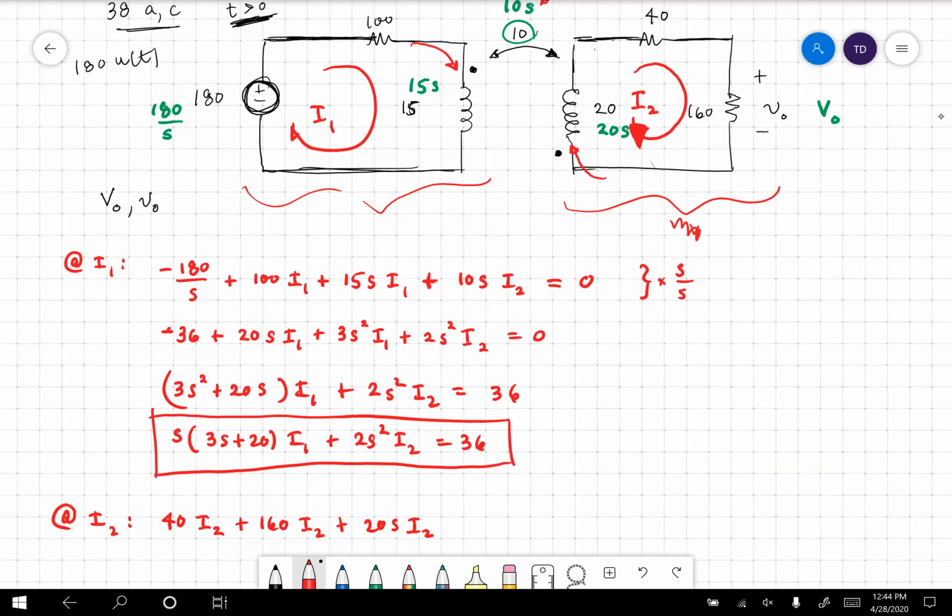Same thing. Now I have to get the mutual term. So the mutual term is plus 10s, and now it's I1, and it's a plus because, again, I1 and I2 are both going into the dotted terminals. Sum those up and they're equal to 0.